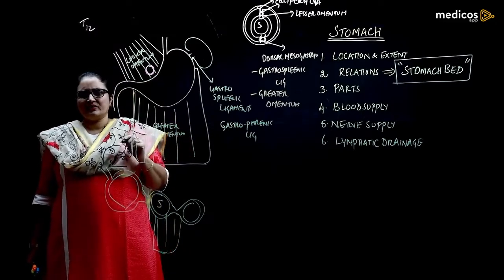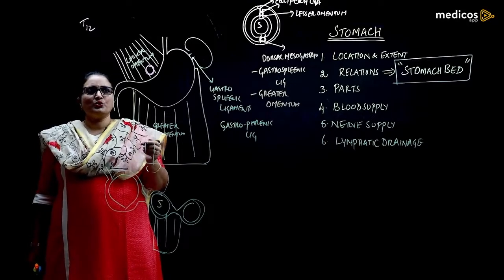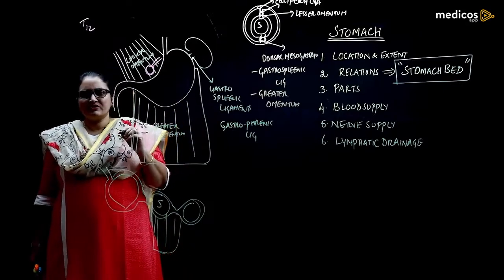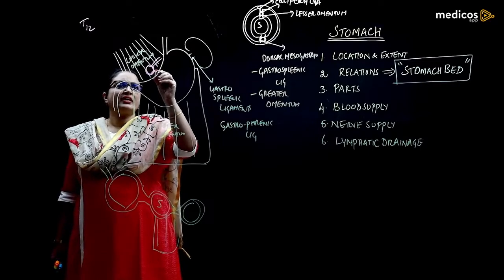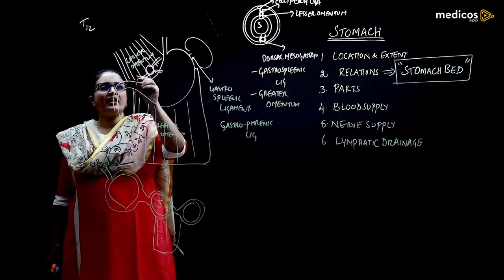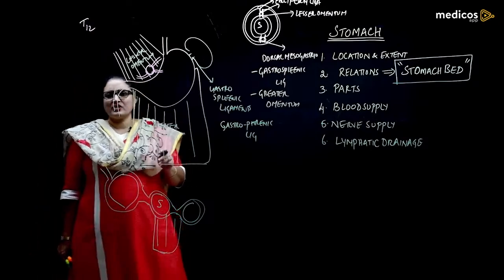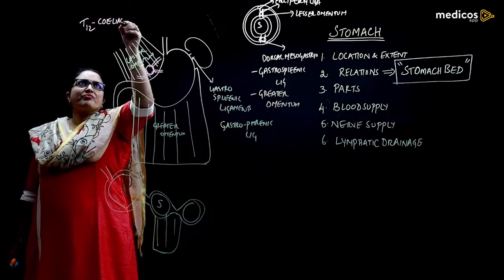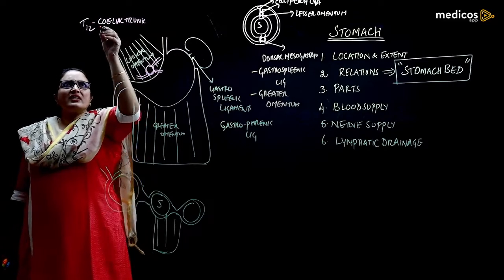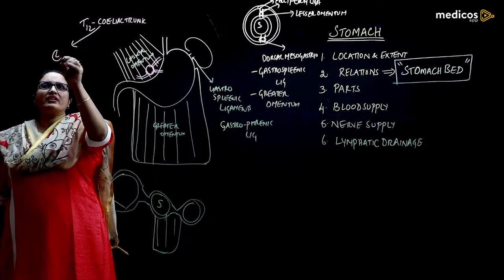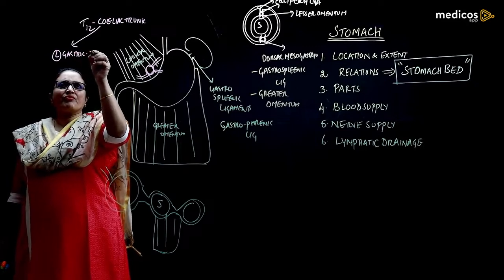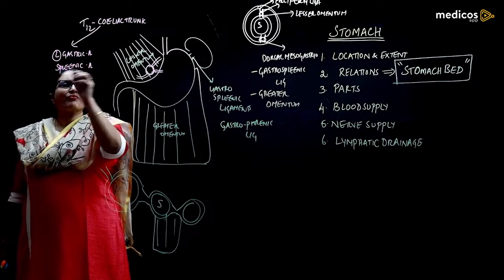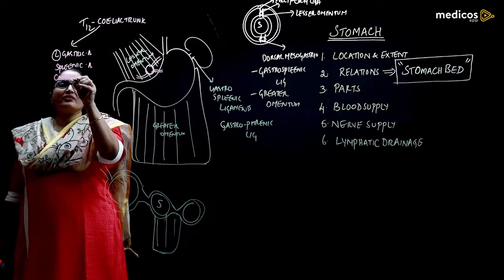This celiac trunk gives rise directly to three branches: the left gastric artery, the splenic artery and the common hepatic artery.